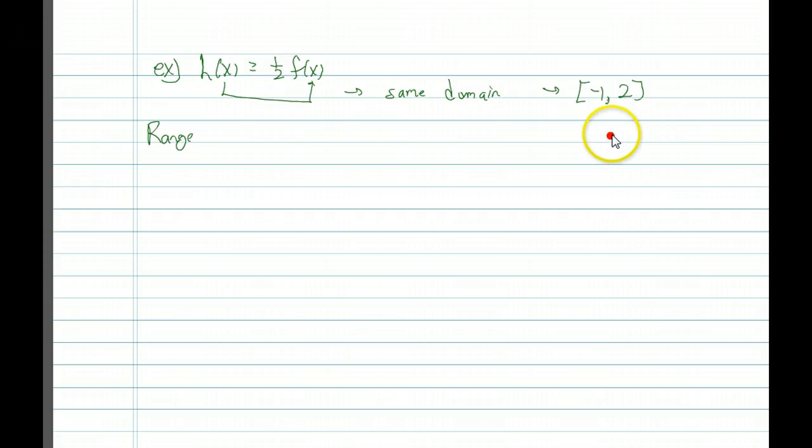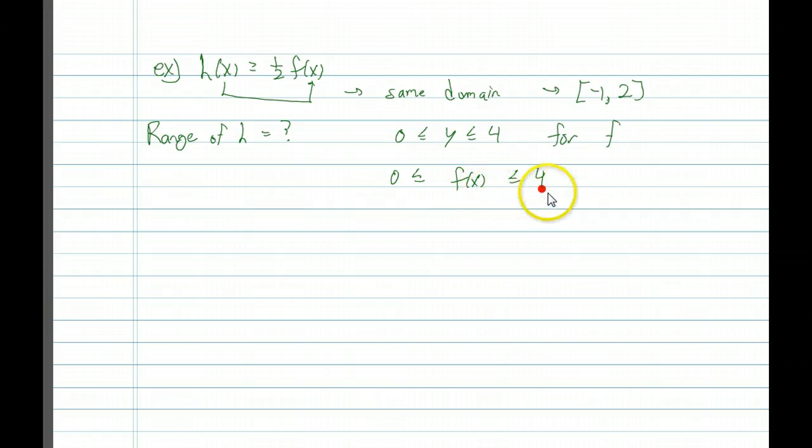For the range, we're going to start out by looking at the range for f. The range for f we know is between 0 and 4. Writing that back out with our function notation, y is the same as f of x for the graph of f. So f of x has to be between 0 and 4. Now we want to put 1/2 times f of x in the middle. We can do that if we multiply on the left and the right by a half also.